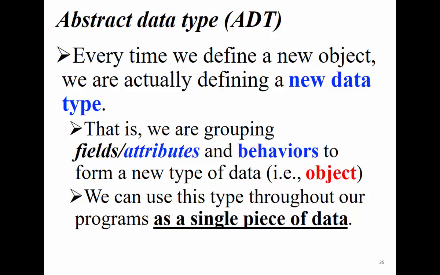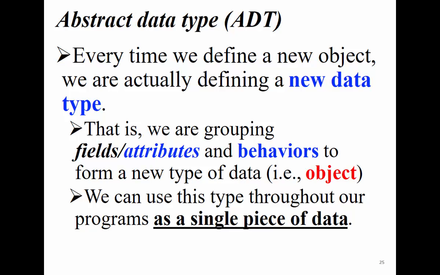Whenever you define a new object or a class inside Java, actually you are creating what we call an abstract data type. That is a grouping of the fields or attributes and the methods and behaviors inside one object. We discussed this when we touched the topic of encapsulation.